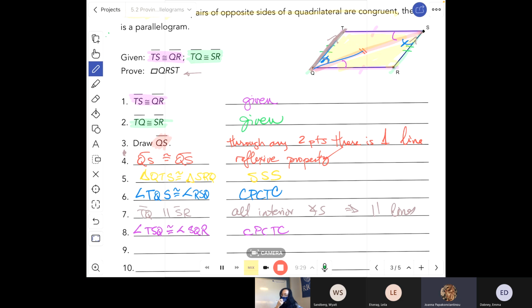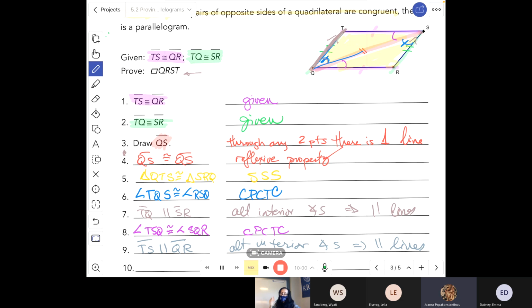And then similarly, just like we proved TQ and SR were parallel, can we say something else about the other pair of opposite sides? We can say that TS is what? Yes. And again, by alternate interior angles implying parallel lines.